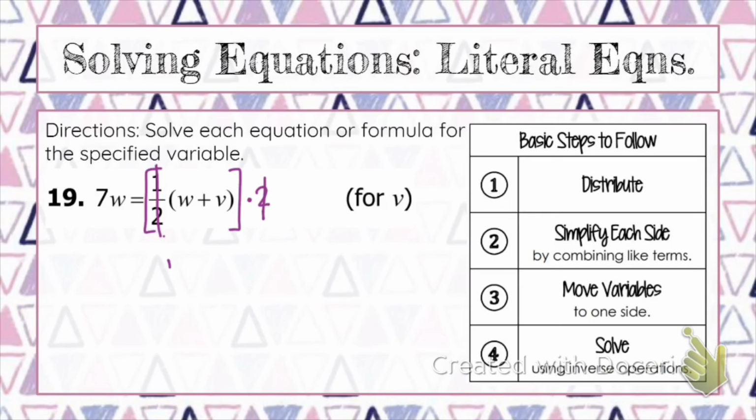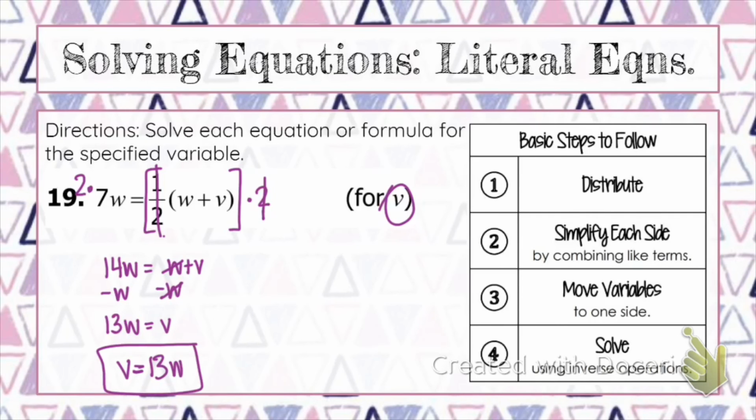And we'll be left with w plus v on this side. And whatever we do to one side, we have to do to the other. So we'll have 2 times 7w, which is 14w. Then we want to subtract w from both sides. We get 13w equals v. But we want it in the form of v equals. So v equals 13w. That'll be our final answer.